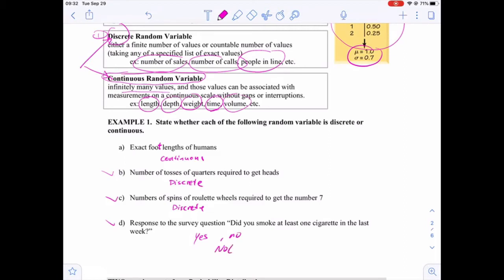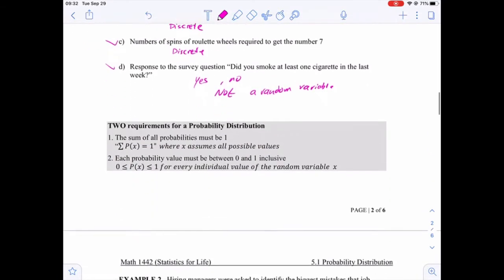So this is not a random variable. Now I think it's clear what we mean by a random variable and how to distinguish continuous from discrete random variables.